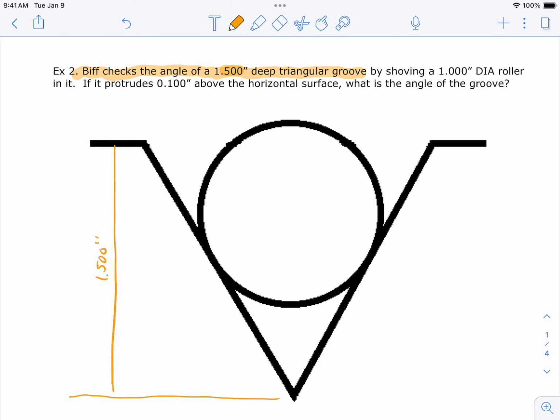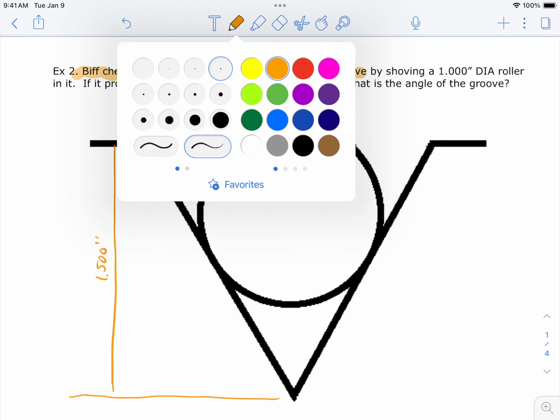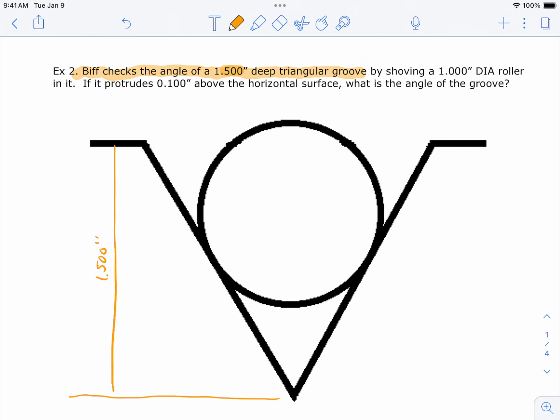Okay, cool. Biff checks the angle of a 1.5-inch deep triangular groove by shoving a 1.00-inch diameter roller. So I'm just going to mark here that this circle has a 1.000-inch diameter.